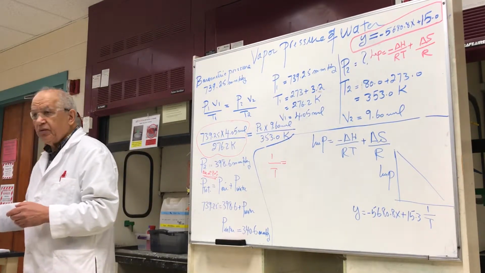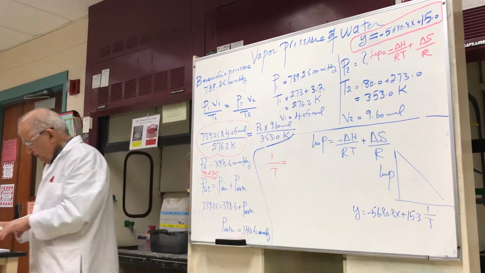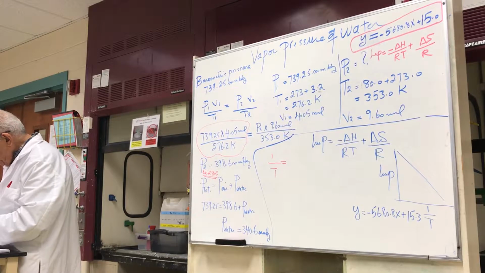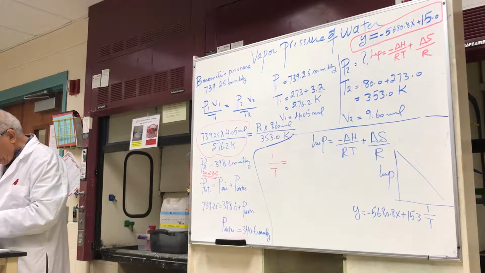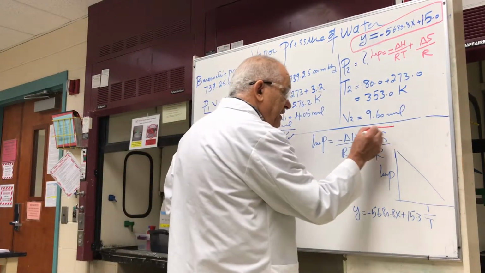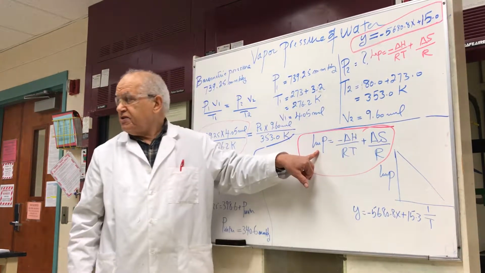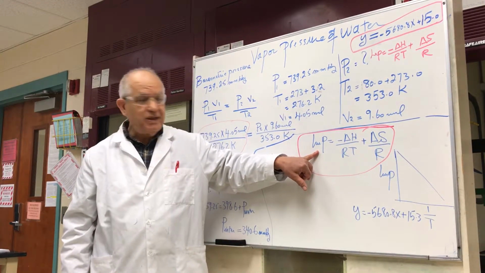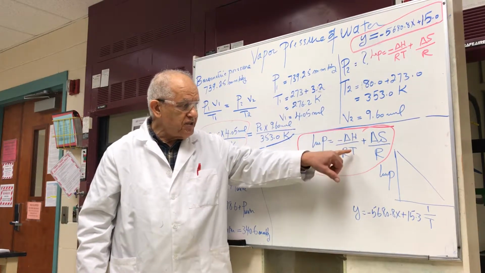Okay, now I already got my P water in millimeters, I converted it to atmospheres, and I got 1 over T. This is my linear equation here. Natural log P, so you need to find the natural log of P, and it will be negative, that's fine, equals minus delta H over R times 1 over T. What is the variable here?